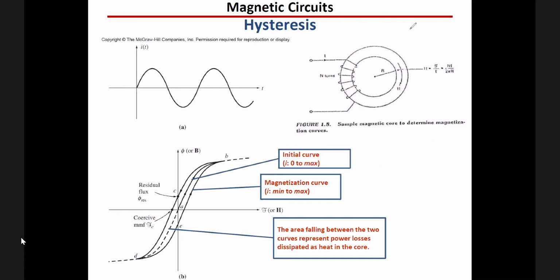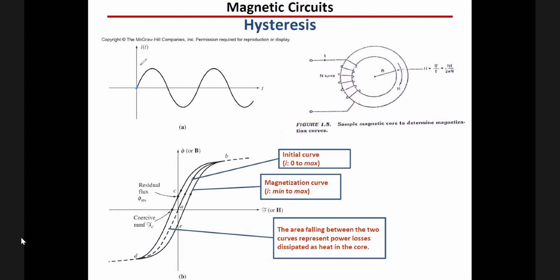And since the current is AC, supplying the magnetic flux, we have the positive and negative cycles. There is the phenomenon called the hysteresis loop in the magnetic core. And the meaning of this is, let's assume that we start supplying a brand new magnetic core. So from zero, it's a new magnetic core.